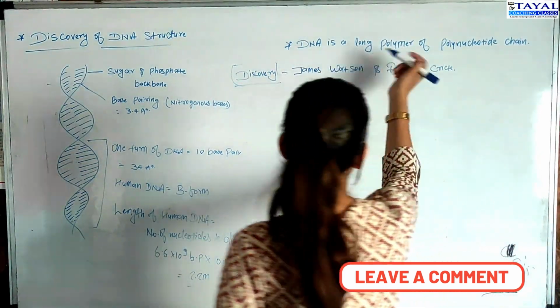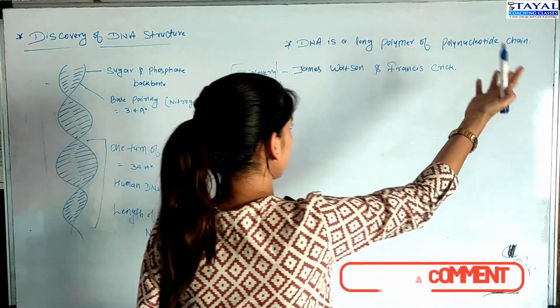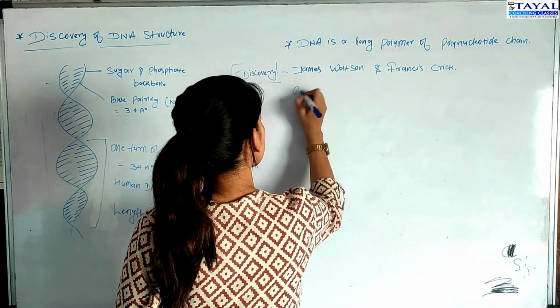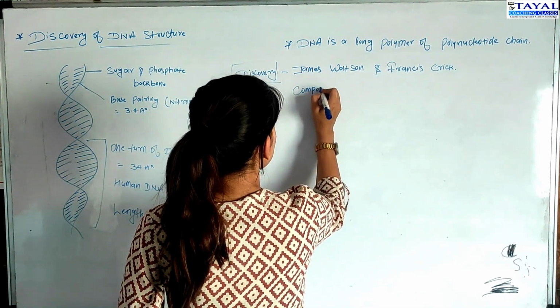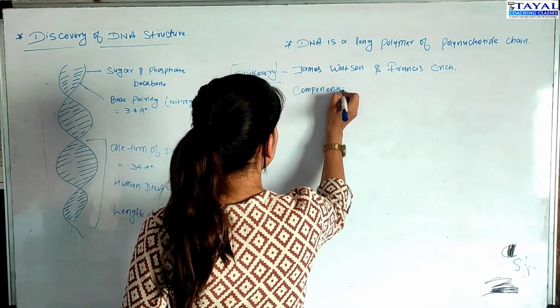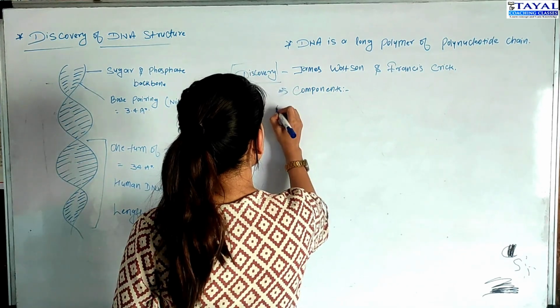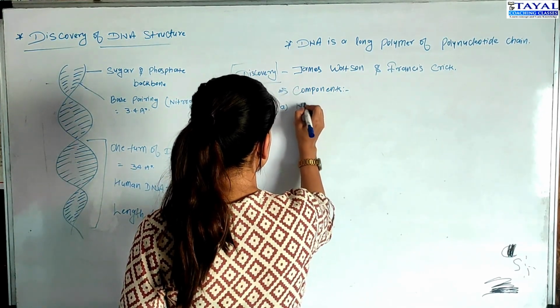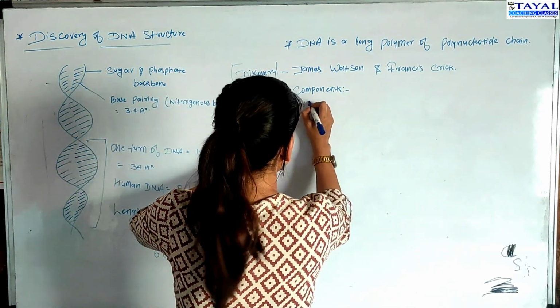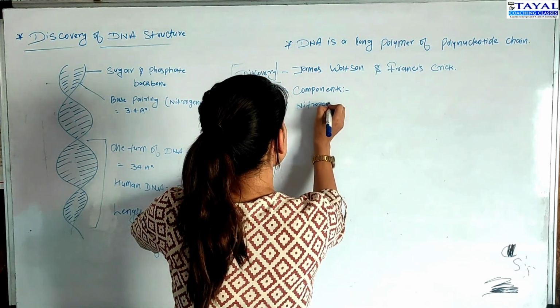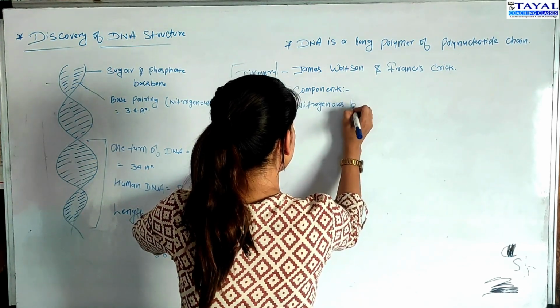Now, as I said, DNA is a long polymer of a polynucleotide chain. So what are its components? It is basically made up of three components. The first one is nitrogenous bases. You can match it with the diagram here. Now I'm writing it: nitrogenous bases.